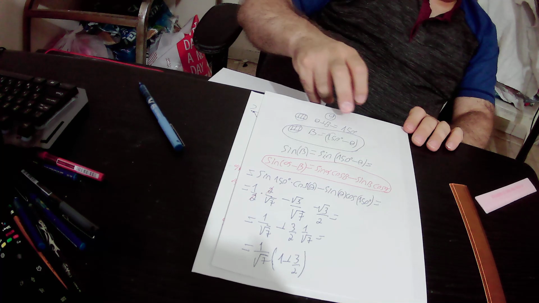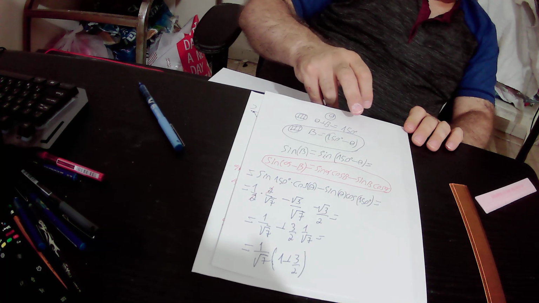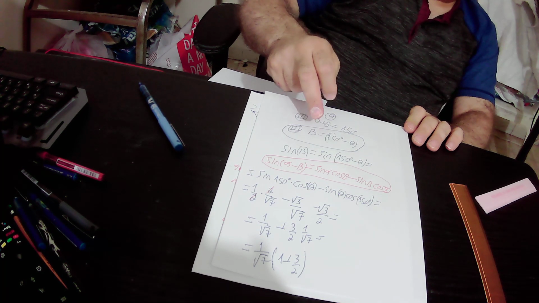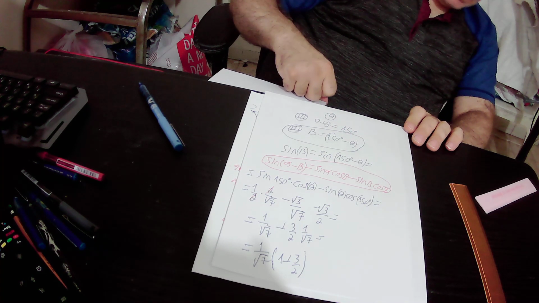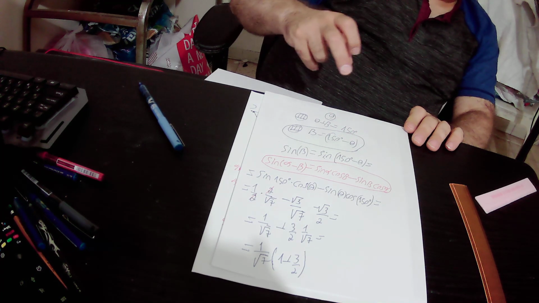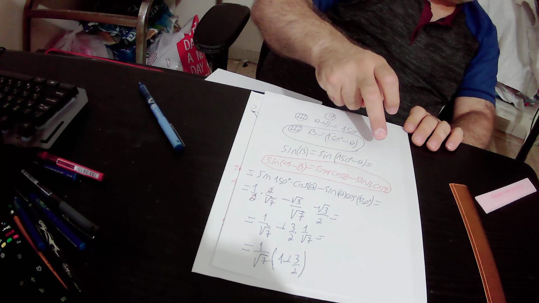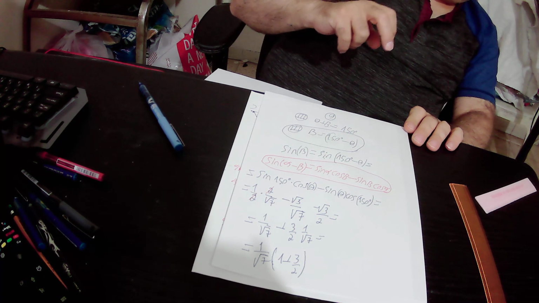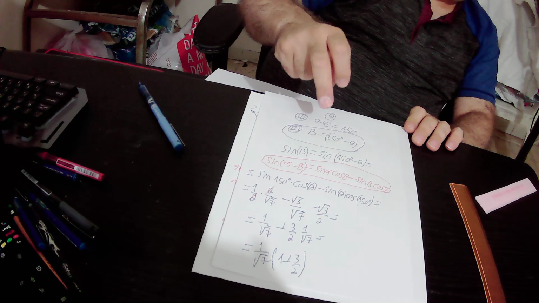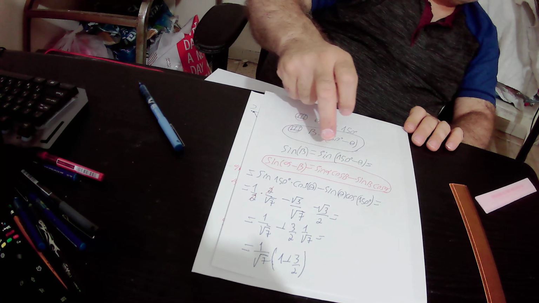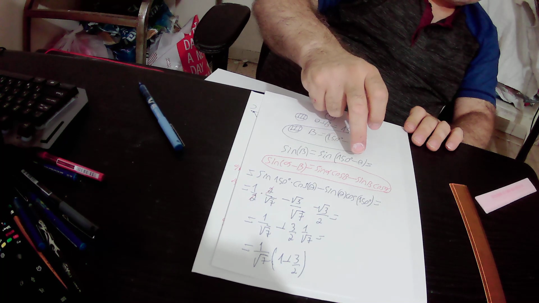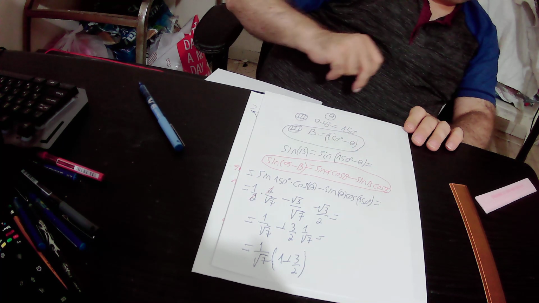But if beta equals 150 degrees minus theta, then sin beta equals sin of 150 degrees minus theta. And in order to find the value of sin of 150 degrees minus theta, we used the second trigonometric identity that states that sin of alpha minus beta equals sin alpha cos beta minus sin beta cos alpha.